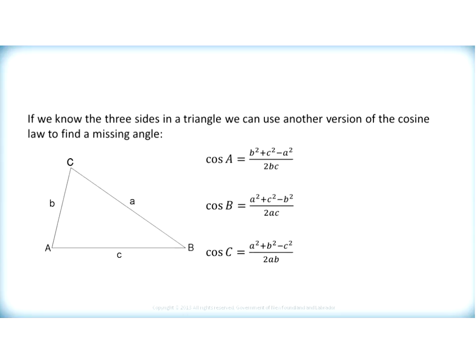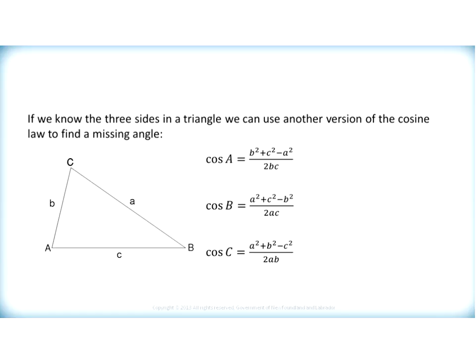So for triangle ABC, with sides little a, little b, and little c, it's expected that we know little a, little b, and little c in this example. The cosine of angle A is equal to b squared plus c squared minus a squared, all divided by 2bc. What you might notice is that the angle A is what we're looking for, and our side a we subtract from the sum of the other two sides squared.